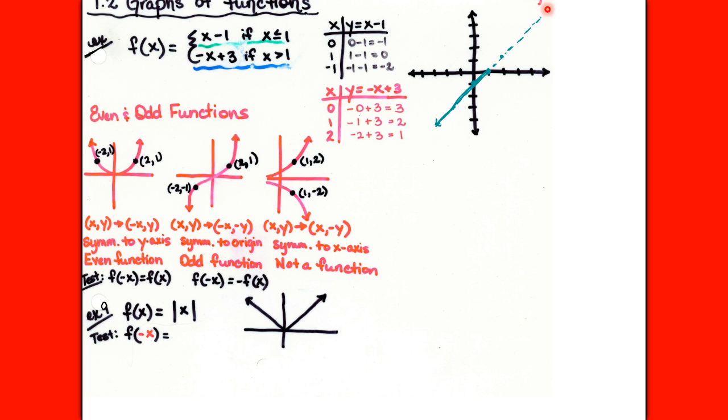All right, then graph the second one. For the second one, we had negative x plus 3, so go ahead and graph that there on the same graph, negative x plus 3, however you like to graph lines.